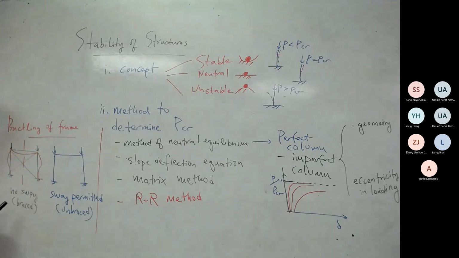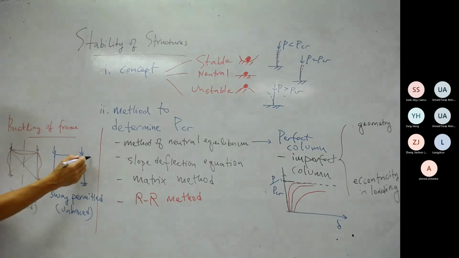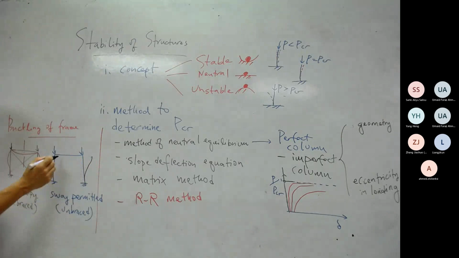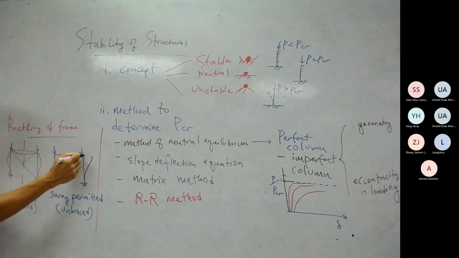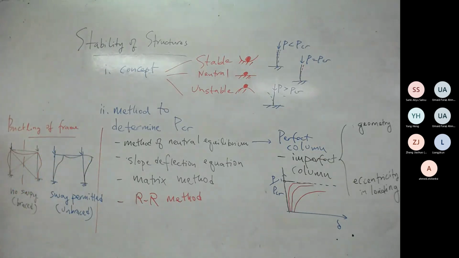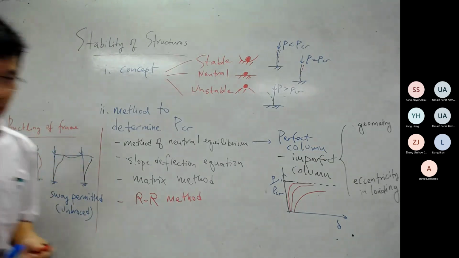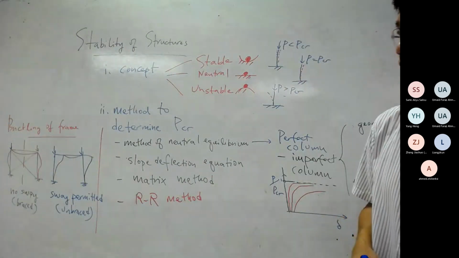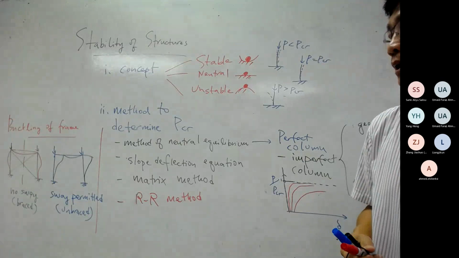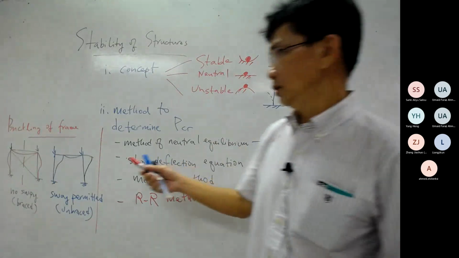But here, when it is allowed to translate, then you are going to get this, which will be the corresponding buckling mode shape for the frame, whether it is sway or no sway.